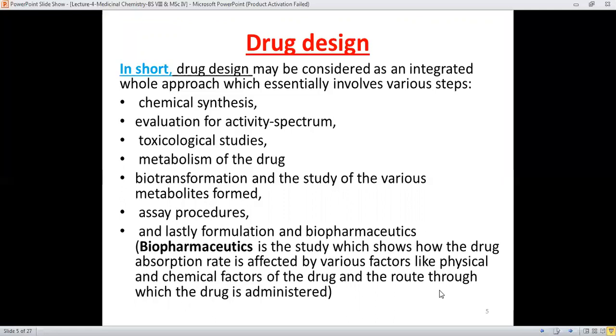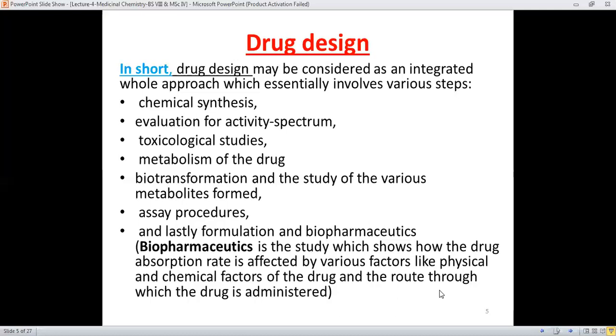After the chemical synthesis, there is evaluation of these molecules in order to build up the activity spectrum, like antimicrobial activity and antifungal activity, which is carried out after the synthesis of the drug molecule. This is also called bioscreening.